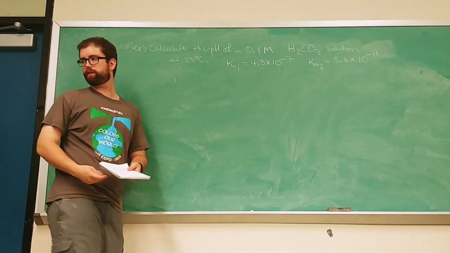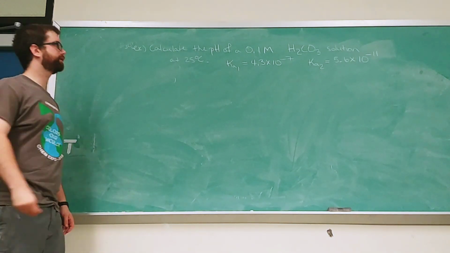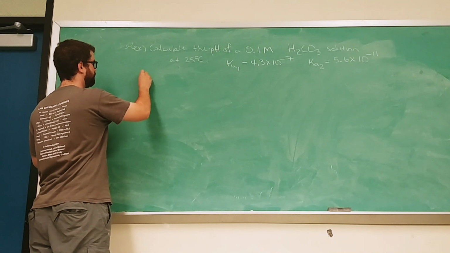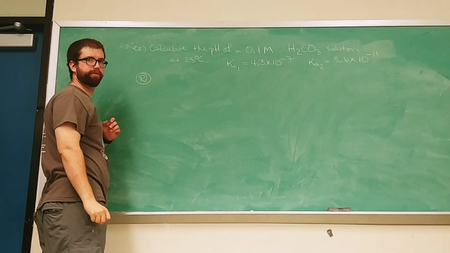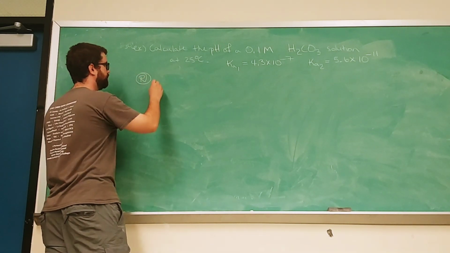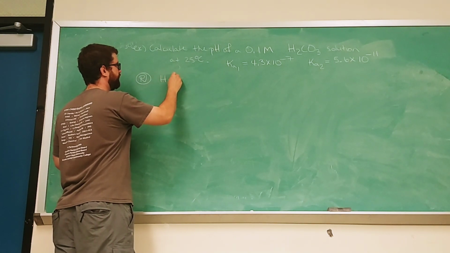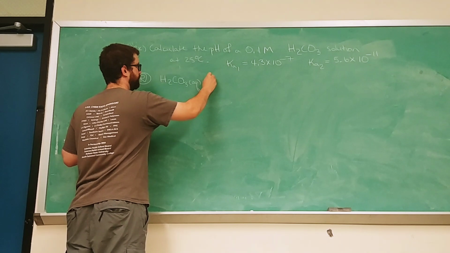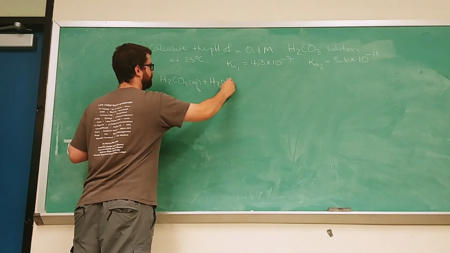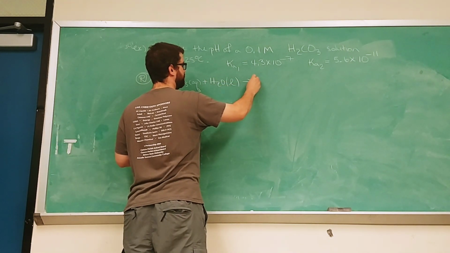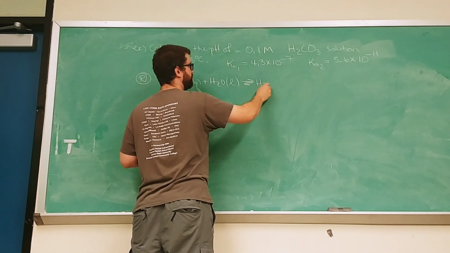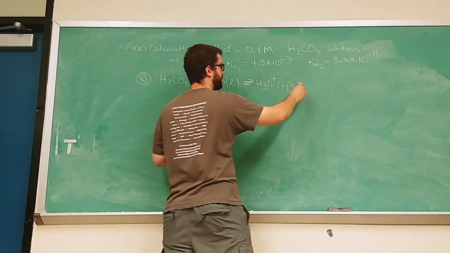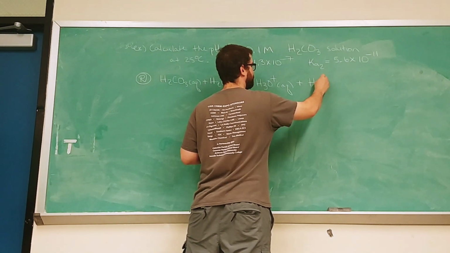Now, we're dealing with a diprotic acid, so let's first write the reaction for the first deprotonation. So I have carbonic acid reacting with liquid water to generate hydronium ions and bicarbonate ions.